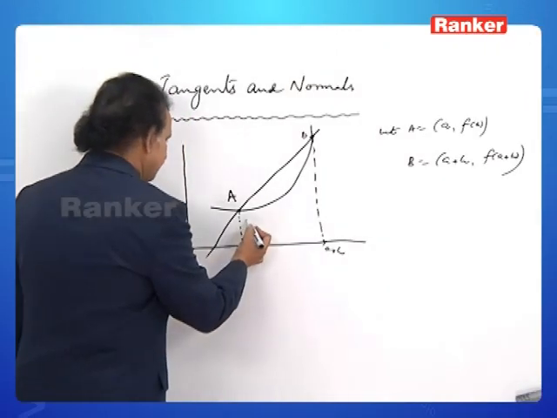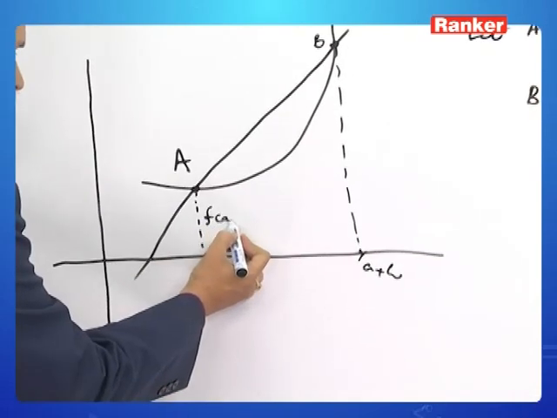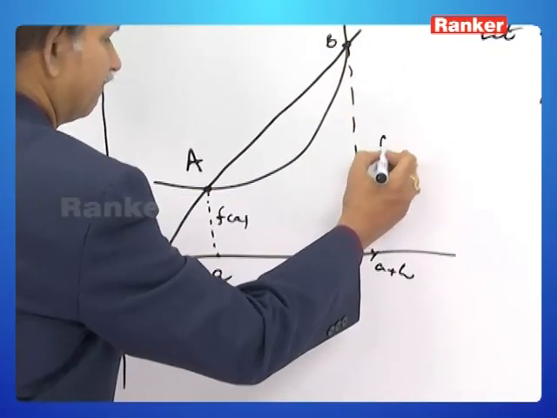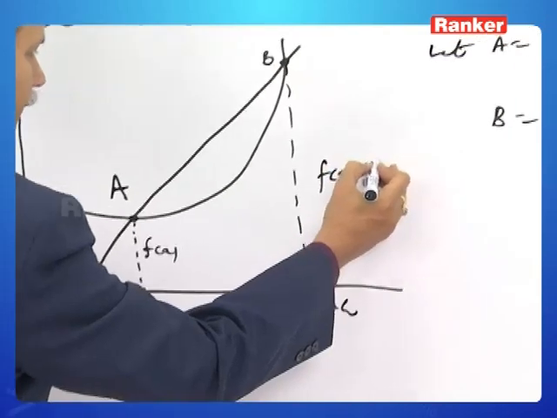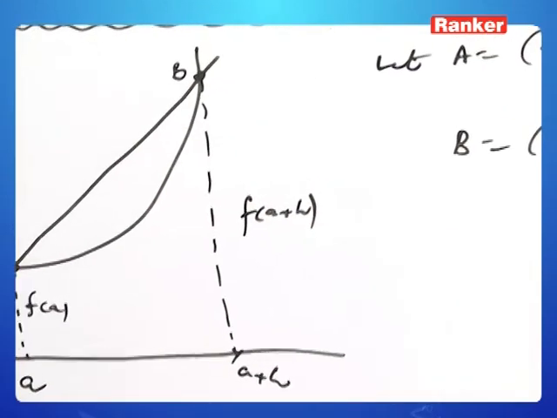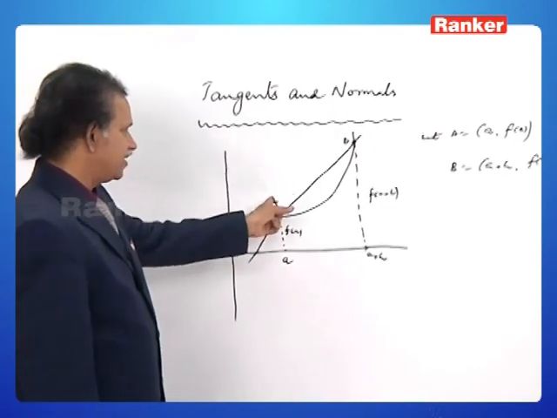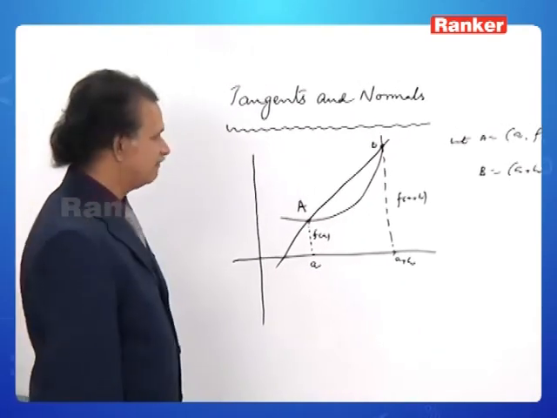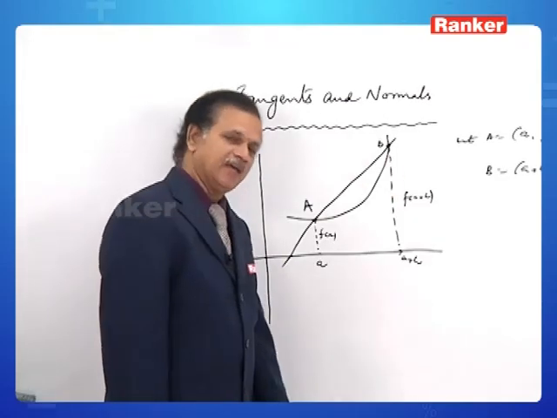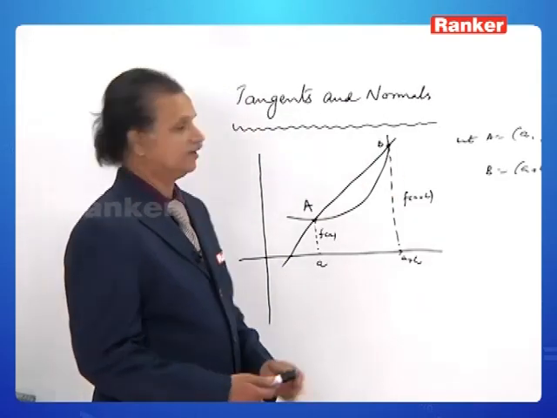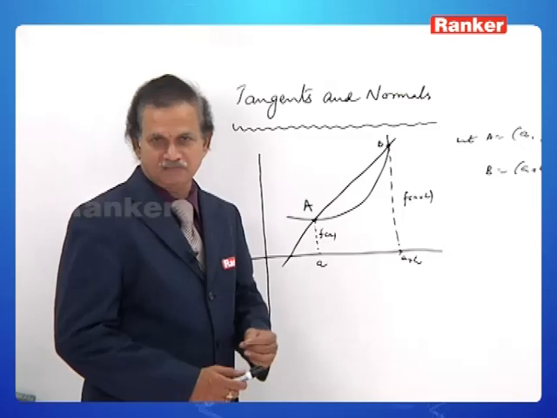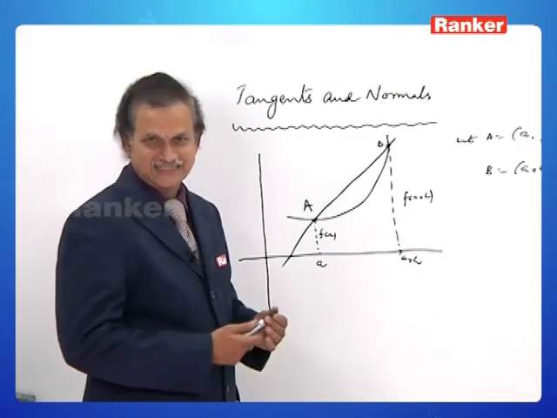This height is f of a, and this height is f of a plus h. Okay, the 2 points are now imagined like that.